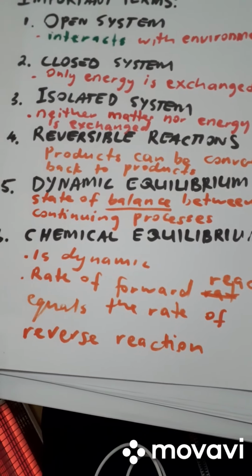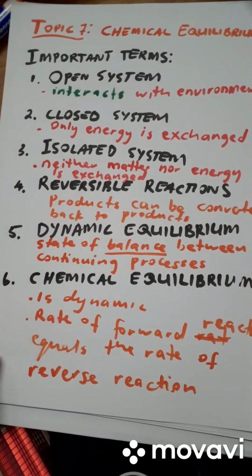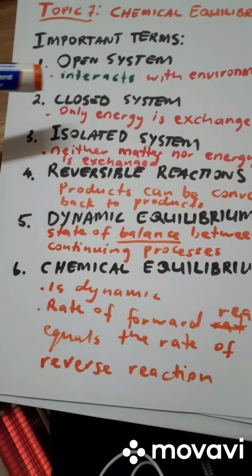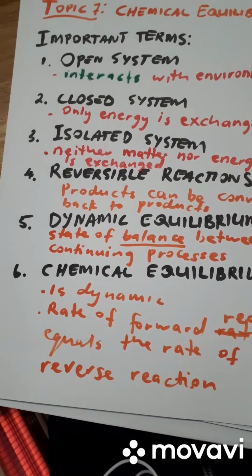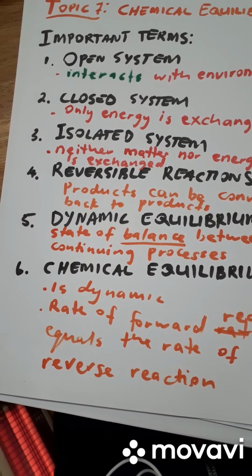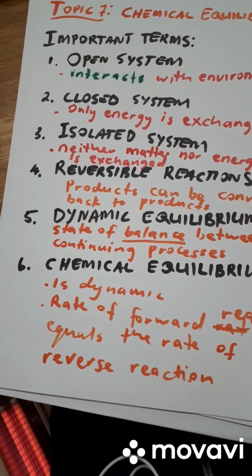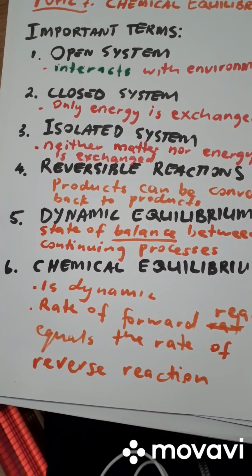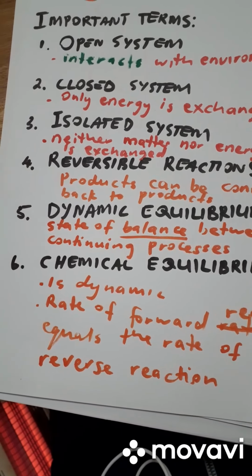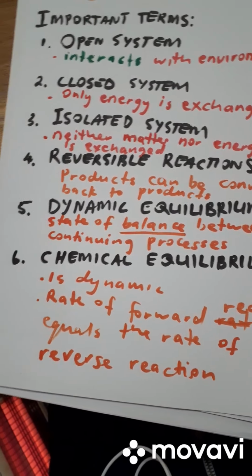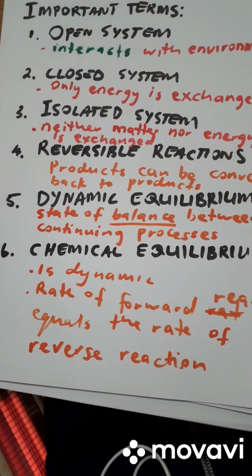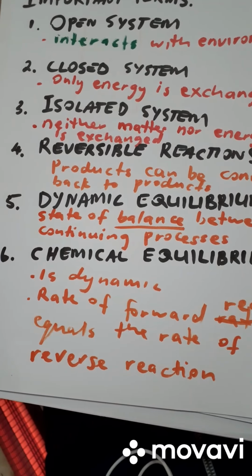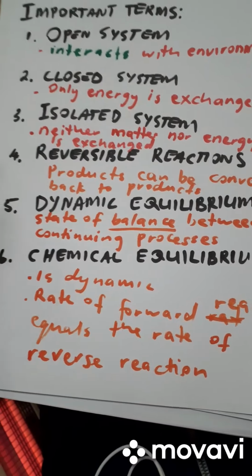Now let us check. We also have the closed system. If the system is closed, then we are saying no matter can leave or enter the system, but energy can be exchanged. You see that? Energy can be exchanged.